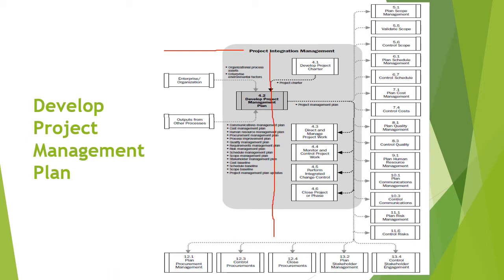As I told you clearly, all the subsidiary plans, be it a communication management plan, cost management plan, human resources, procurement, process improvement, quality, requirements, risk, schedule, scope, stakeholders, everything, every subsidiary plan is a part of the project management plan, right?